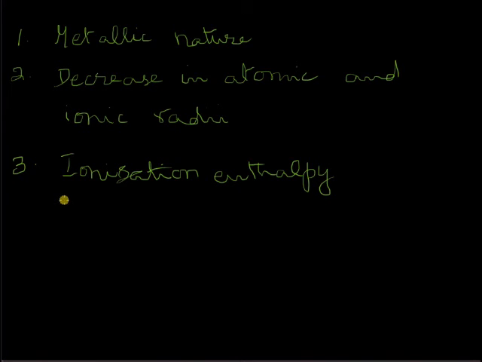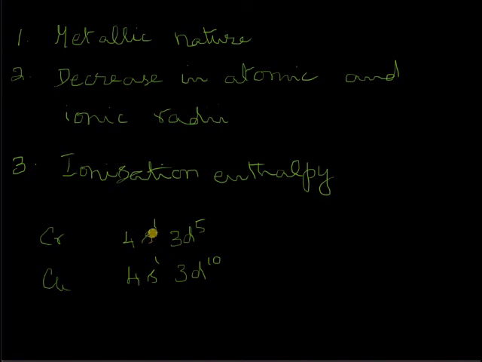When you think of chromium and copper, see, chromium has a configuration of 4s1 3d5, and for copper, you have 4s1 3d10. Can you comment about the second ionization enthalpy values for chromium and copper? Would it be high or not so high? Can you give reason for whatever you say?